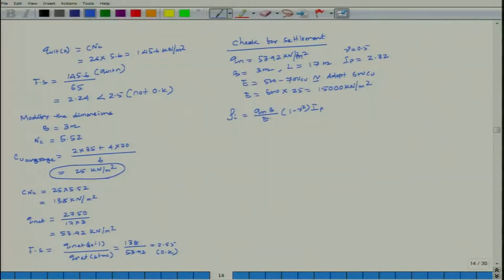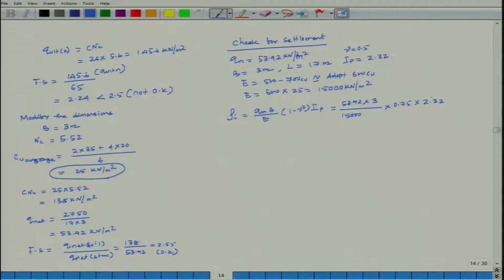So, this comes out to be Qn into B, Qn is equal to 53.92 kilonewton per meter square. So, 53.92 into B is equal to 3, by E is equal to 15,000 into 1 minus mu square is equal to 0.75 into IP is equal to 2.32.